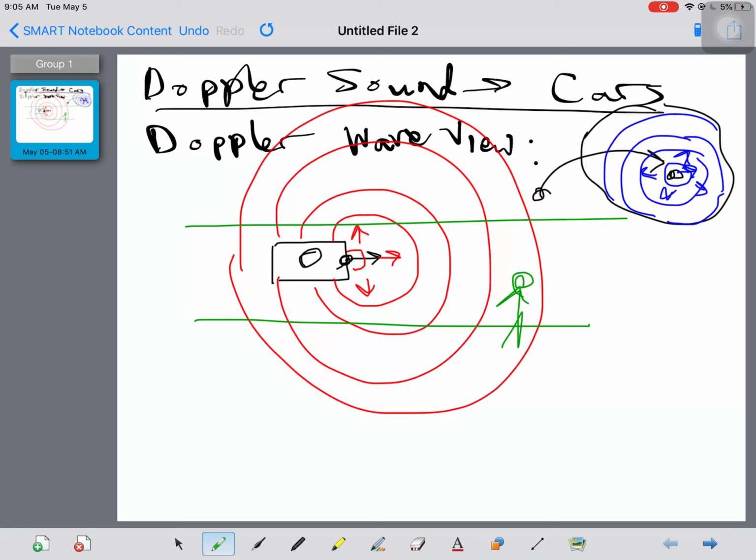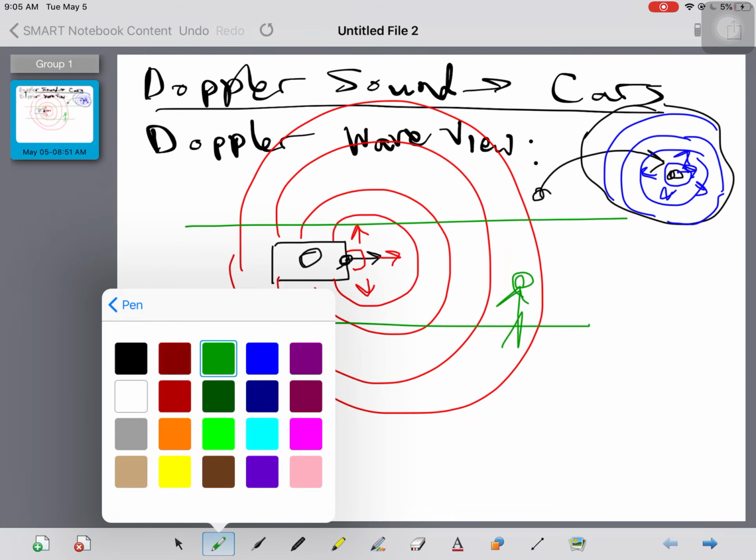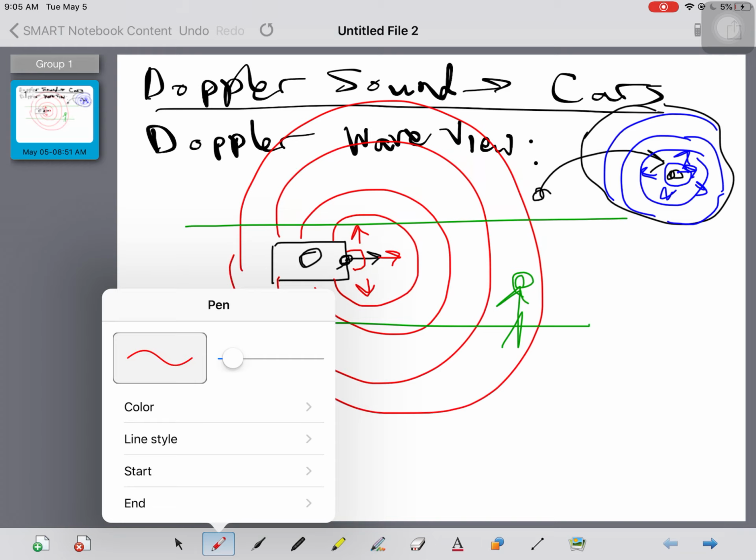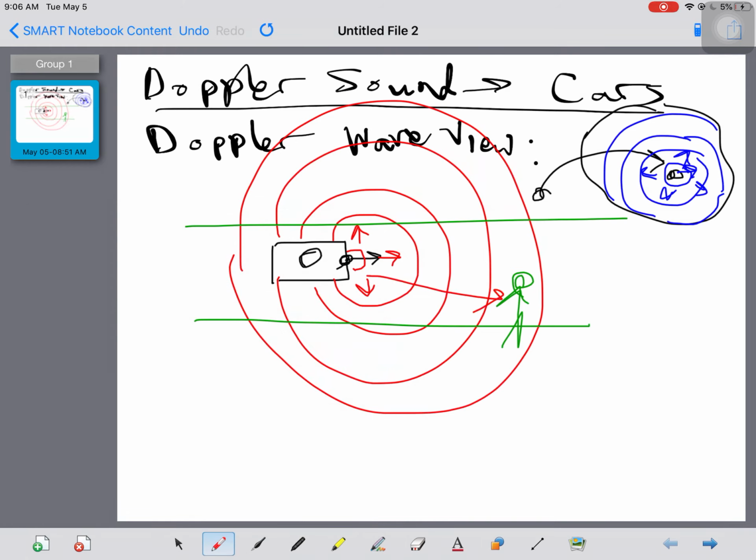Well, those sound waves would come and right along this line, hit him in the camera. Okay, so this wave view, we often call this the aerial view of waves. That's going to be helpful to us. So let's check out what's really going on with this wave view with the Doppler effect.